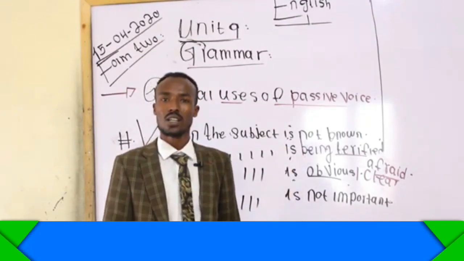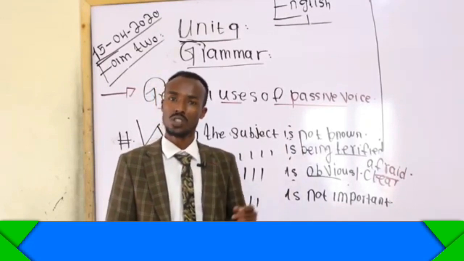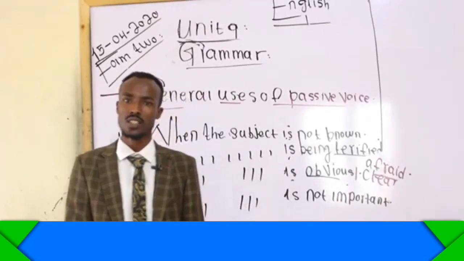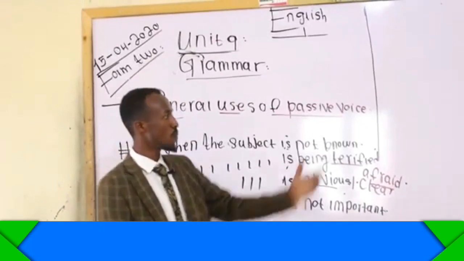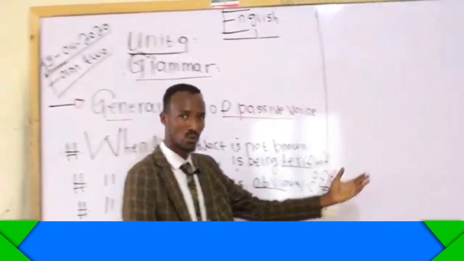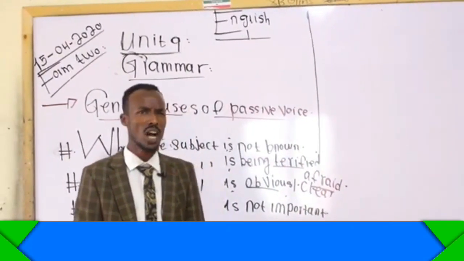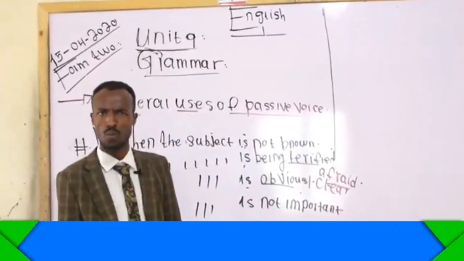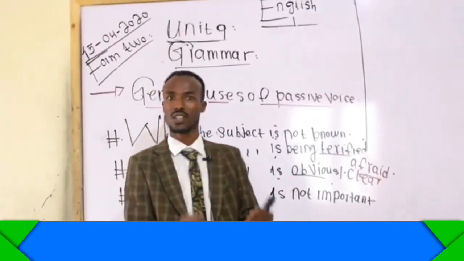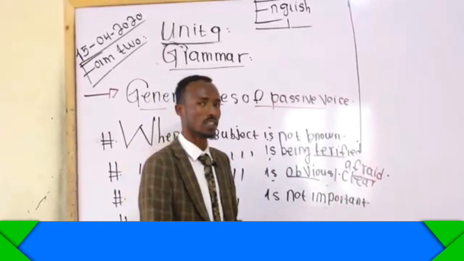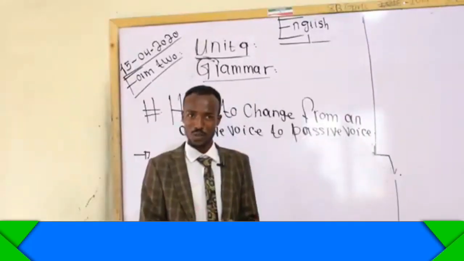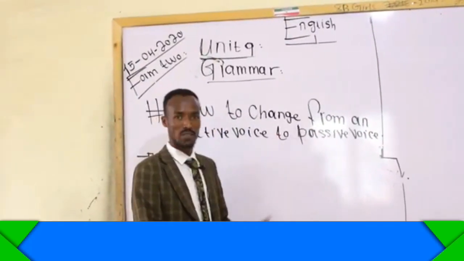Let me tell you the last step, which is how you can change from active voice to passive voice. I'm going to give you a simple formula. Do not memorize a lot of formulas like that, but I'm going to give you a simple formula. Be with me, please. Dear students, this is the last one.